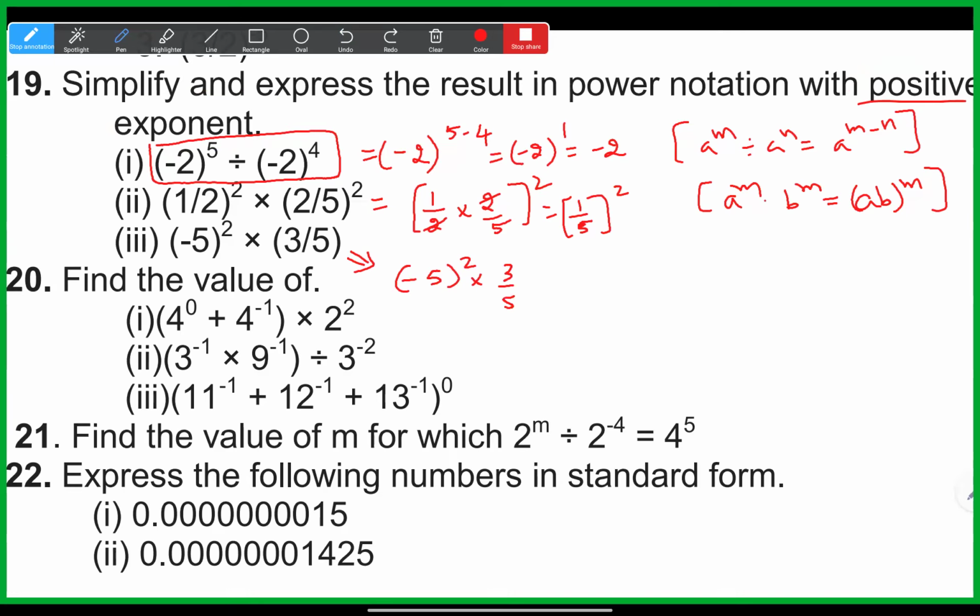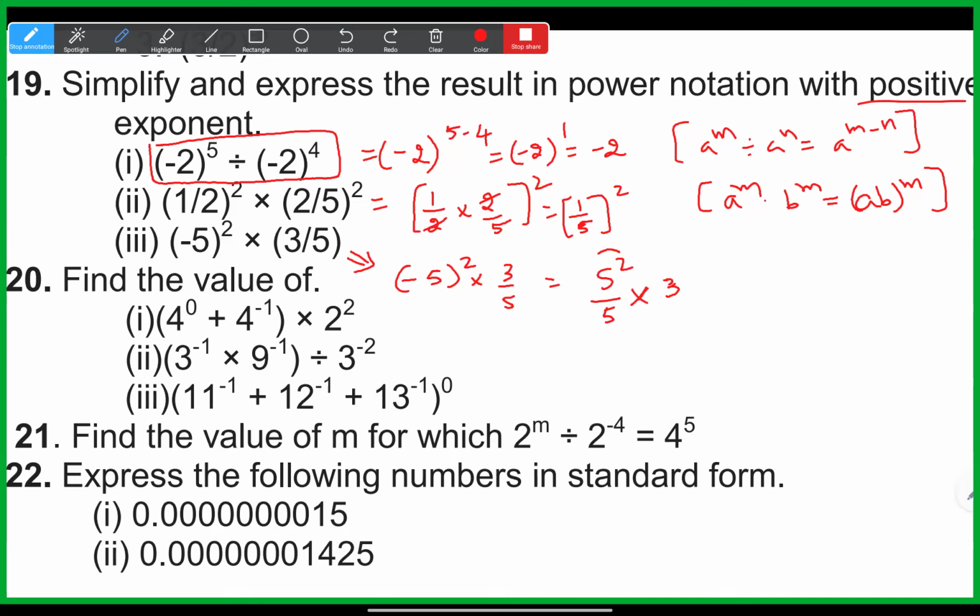Negative square means positive only, no? Yes, sir, because minus 2 into minus 2 is plus 4. So can I write this as 5 square by 5 into 3? Yes, sir, because 5 in multiplication is the same.